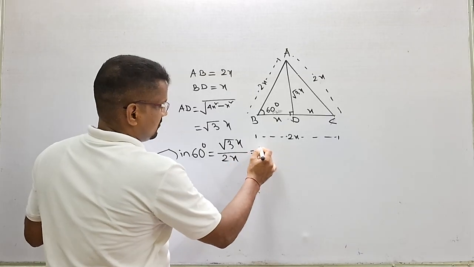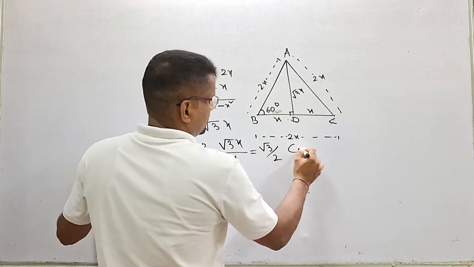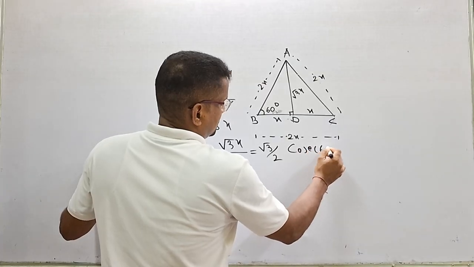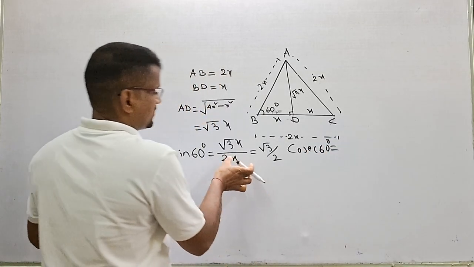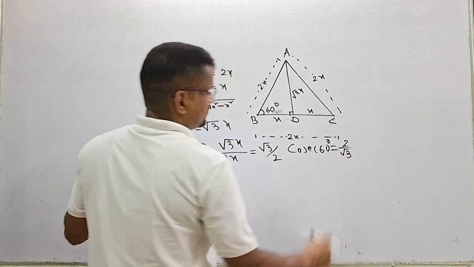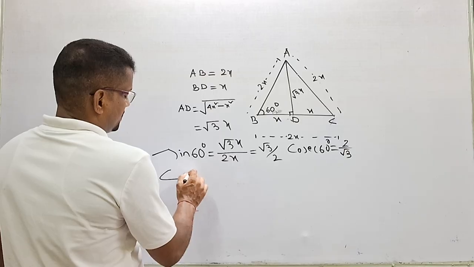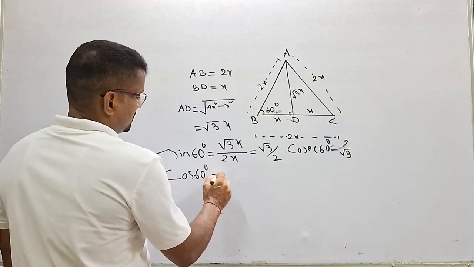X cancel out, root 3 by 2. And here you can say cosec 60 degree will be just reciprocal of this, 2 by root 3.